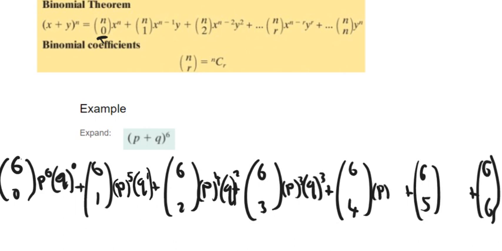Then p to the power of 2, and q to the power of 4, since it was 3 last time.